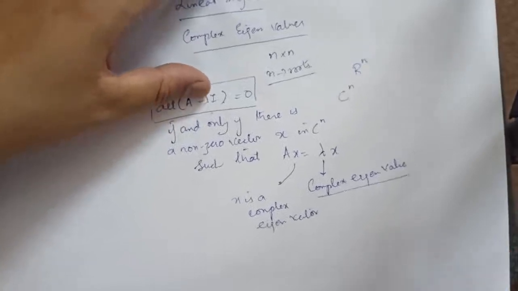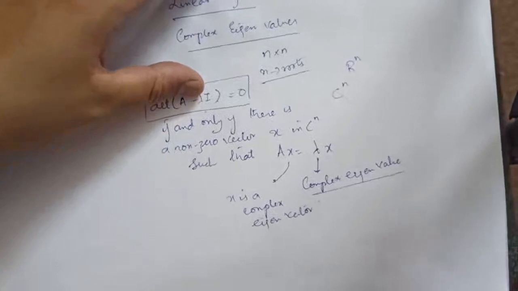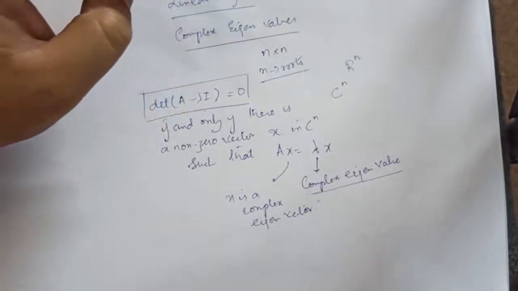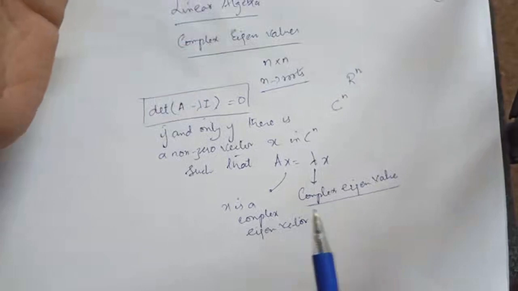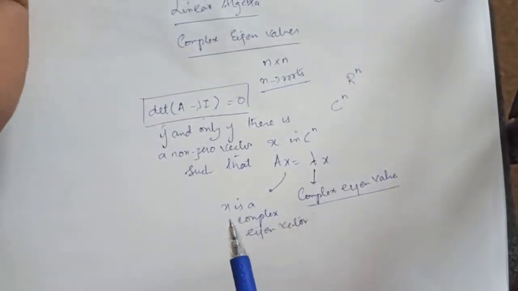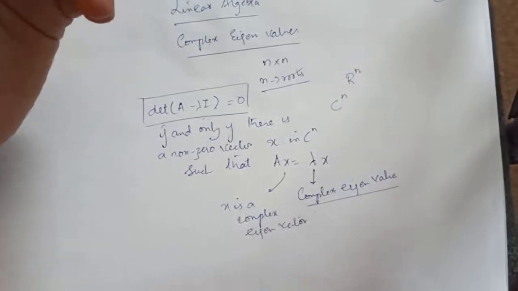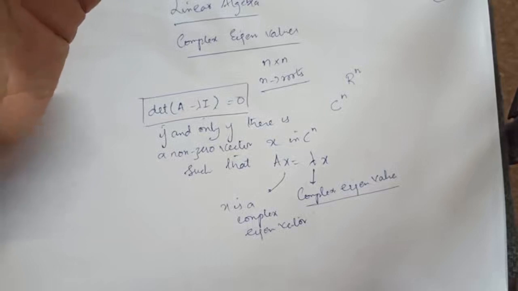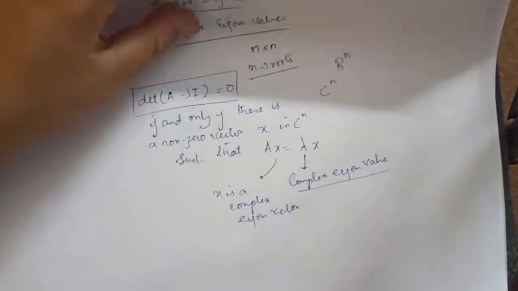It means if there is an eigenvector corresponding to one of the complex eigenvalues, then the complex conjugate of that eigenvector is an eigenvector corresponding to the complex conjugate of the first eigenvalue.